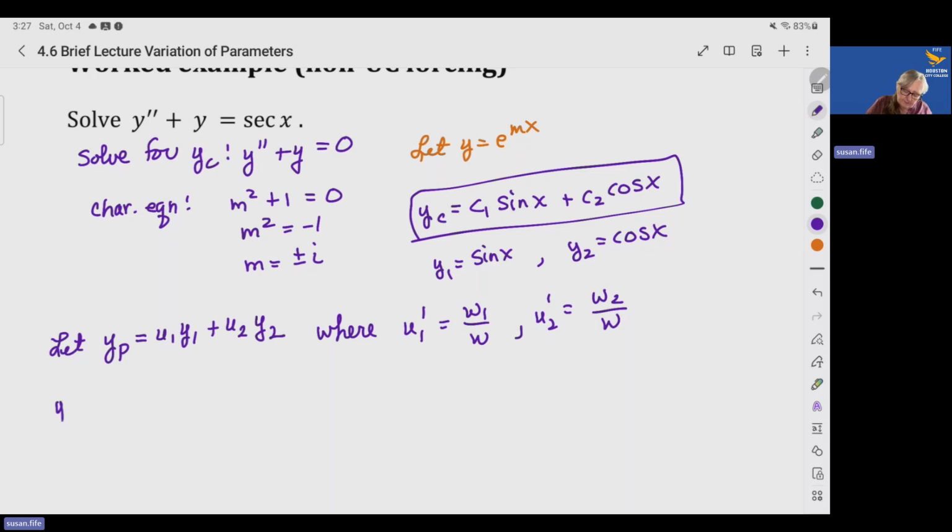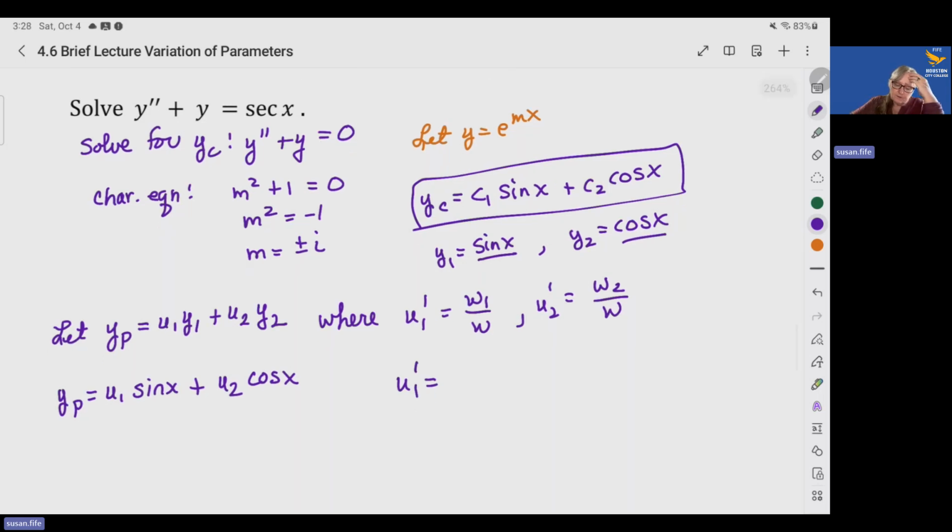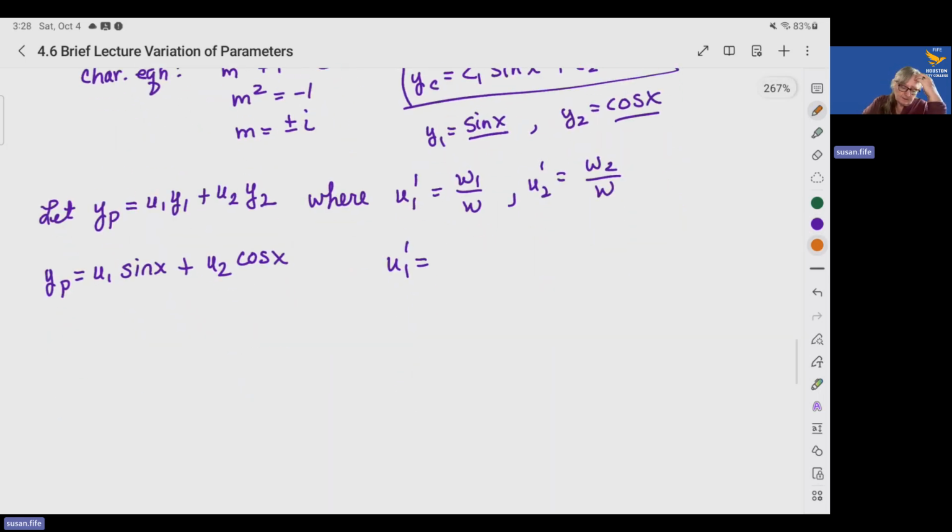So we have y sub p is u1 y1, y1 is sine x, plus u2 y2, y2 is cosine x, where u1 prime is, well, let's calculate our w's first. Let's calculate w to see if we can even use this method.